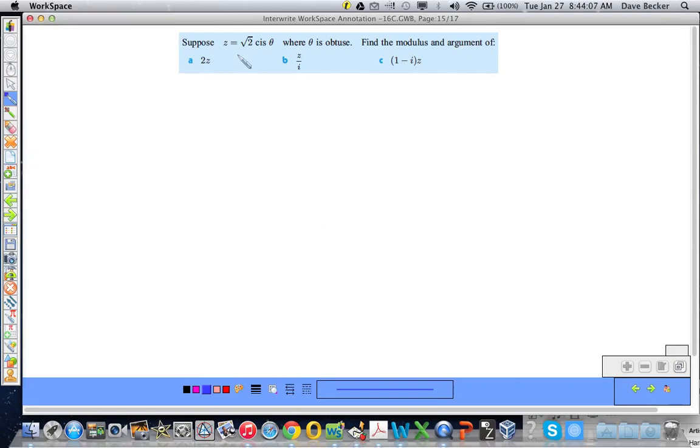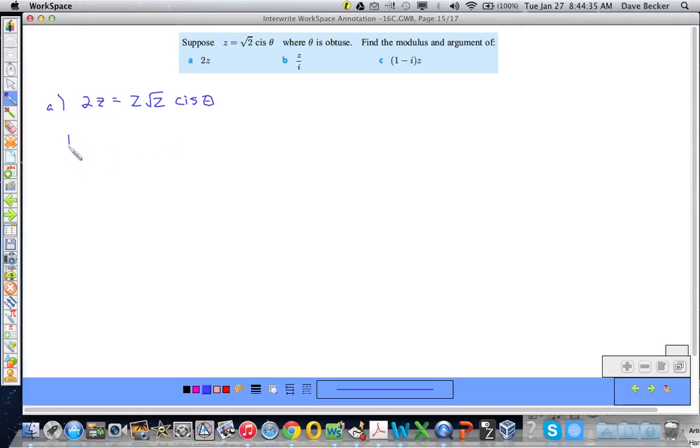Suppose z equals root 2 cis theta, where theta is obtuse. Find the modulus and argument of 2z, or not 2z. So let's take a look at A. 2z is going to equal 2 root 2 cis theta. Yes?